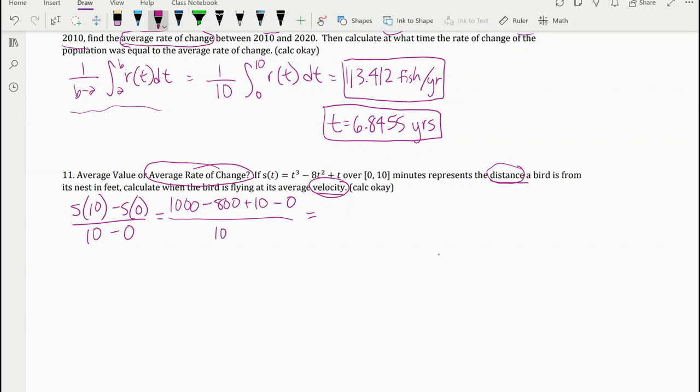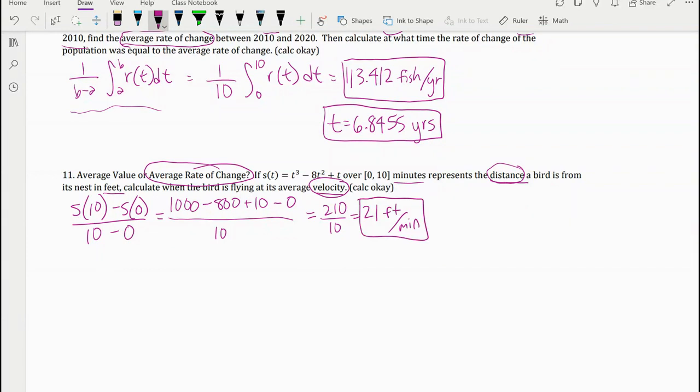So that's going to be 200 plus 10, so 210 over 10 is 21. So the average velocity is 21, and we are in feet per minute. So that is my average velocity, okay?